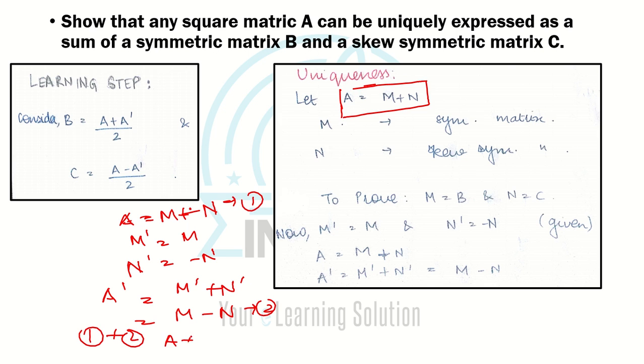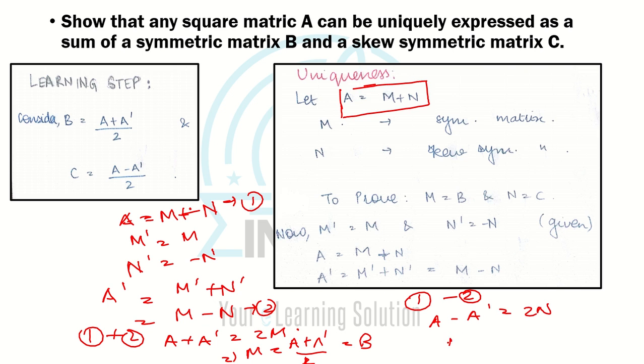When you do 1 plus 2, what you have is A plus A transpose is equal to 2M, which implies M is equal to A plus A transpose upon 2, which is equal to B. Similarly, when you do 1 minus 2, what you have is A minus A transpose is equal to 2N, which implies N is equal to A minus A transpose upon 2, which is equal to C.